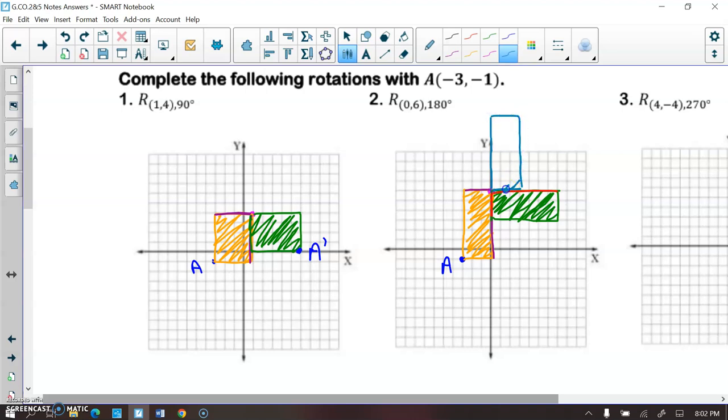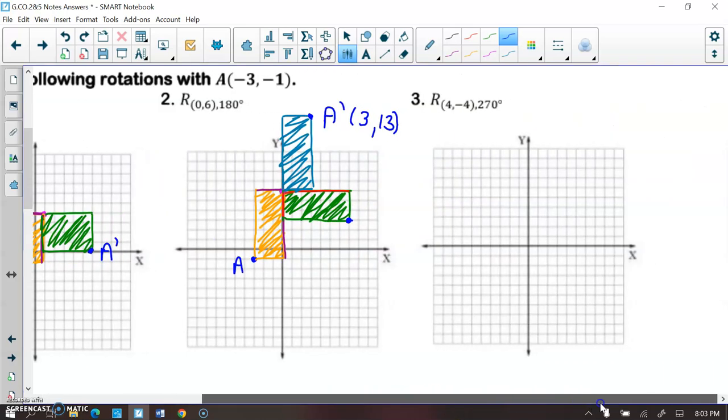And then I'm going to finish off my box. So point A, after the 90-degree rotation, would wind up here. And after the 180-degree rotation, would wind up here, which is actually 3 units off the graph. So that puts point A at 3, 13.